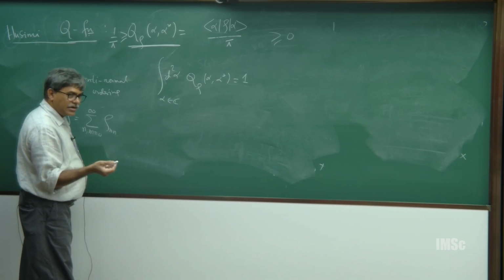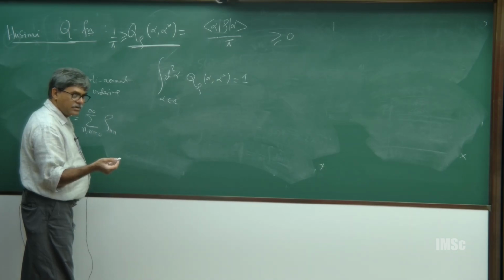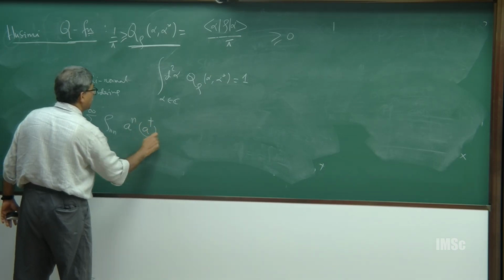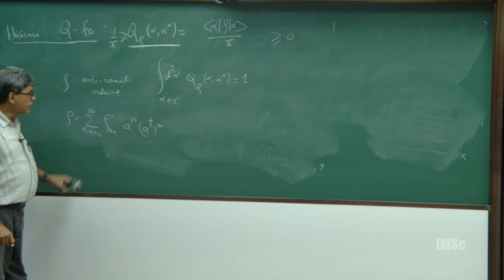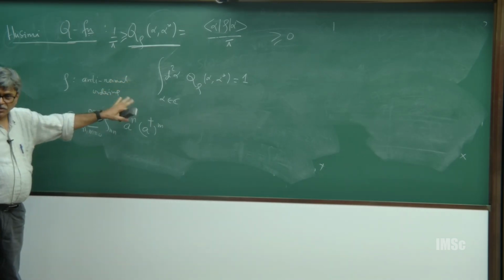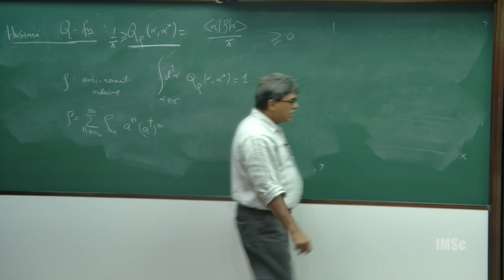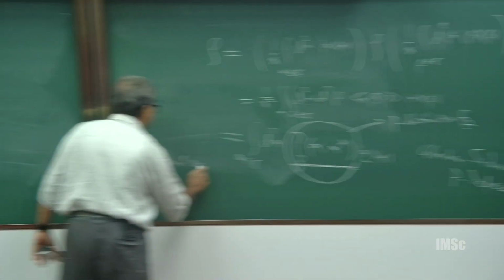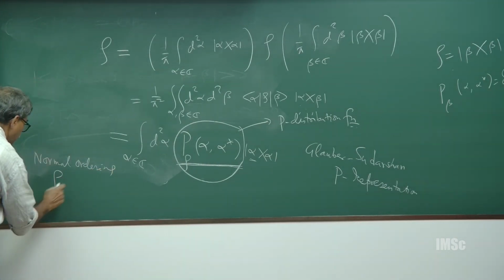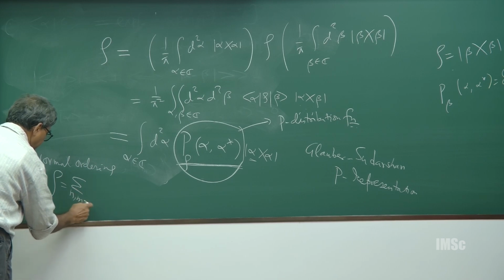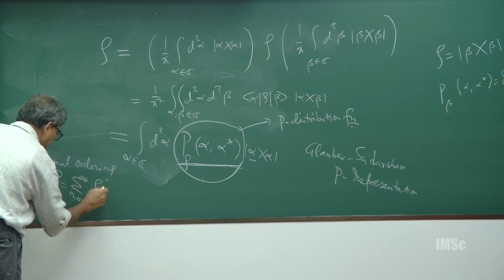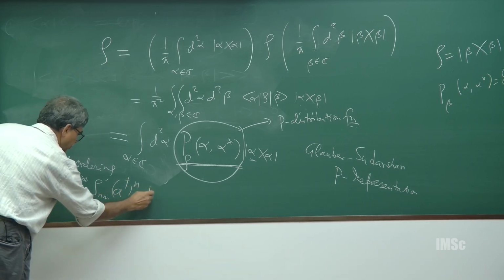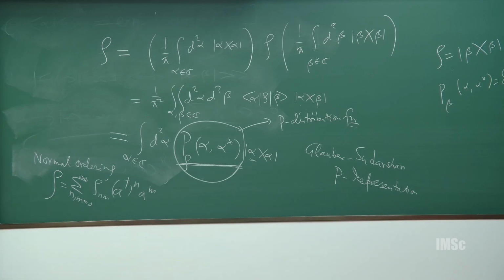First a, then a dagger, right? Yes, first a, then a dagger. So, a to the power n, a dagger to the power m, something like this. So, I think from here you get this q, maybe the opposite. For p, what you get is normal ordering. So, rho is equal to the sum over n m from 0 to infinity of rho prime n m, times a dagger to the power n, a to the power m. Okay.